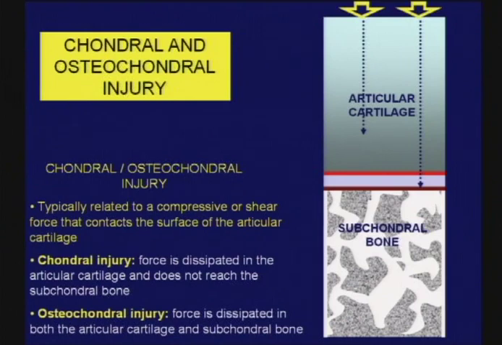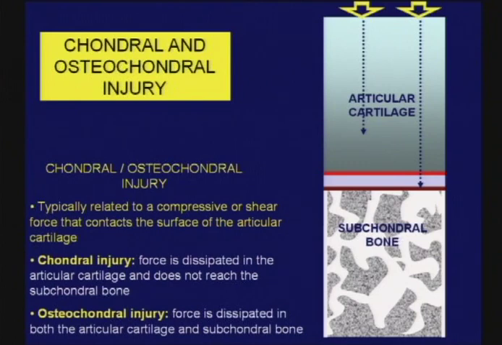Let's define a chondral or osteochondral injury in the following way. First of all, it typically relates to a compression or shear force, rarely tensile force. Most of the time, it's a force that contacts the surface of articular cartilage. The definition of a chondral injury is a force that is dissipated in the articular cartilage and does not reach the subchondral bone.